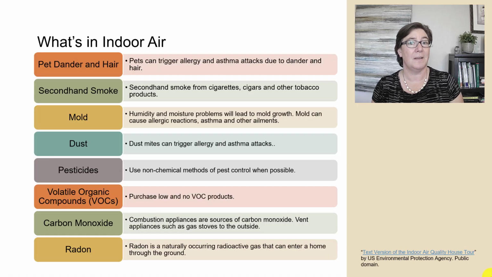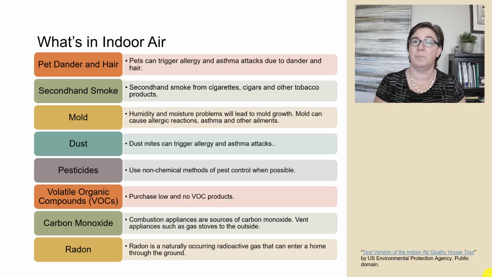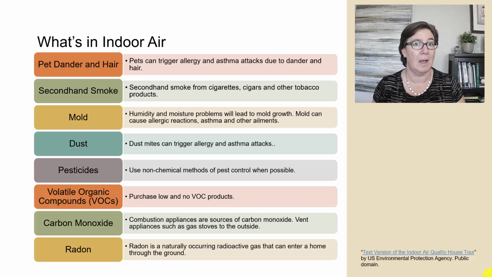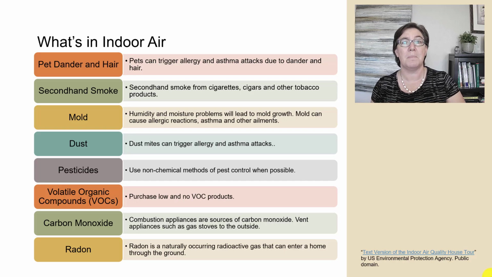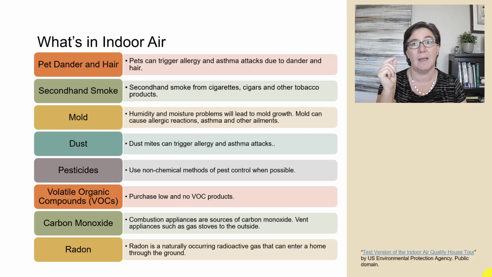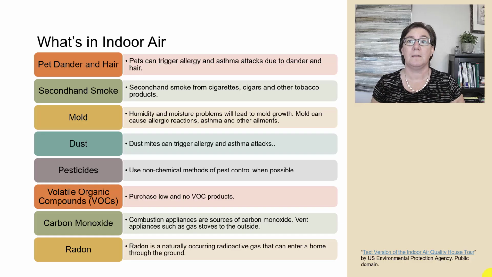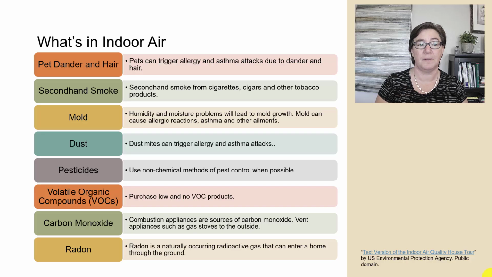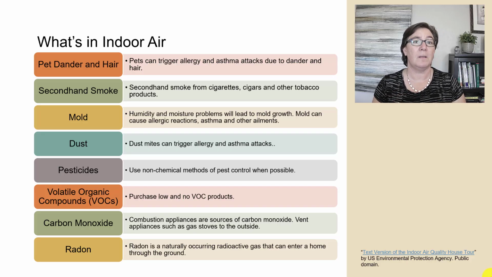You've never thought of the air in your house as polluted? Well, what are all those pollutants? Here's a list of the most common ones found in homes, starting with some particulates, that means teeny tiny particles, such as pet dander, smoke, dust. And then we also include some toxins like mold and pesticides.